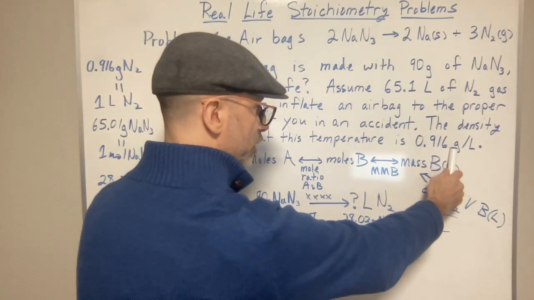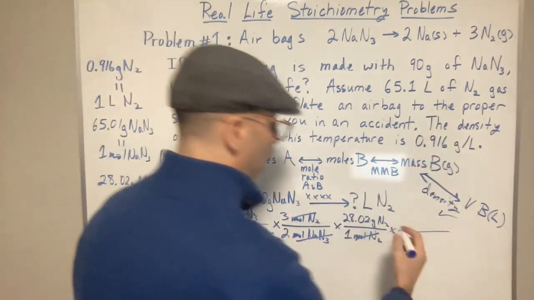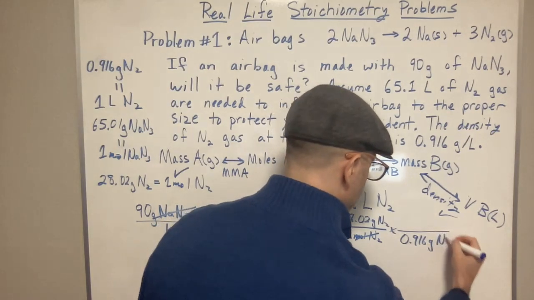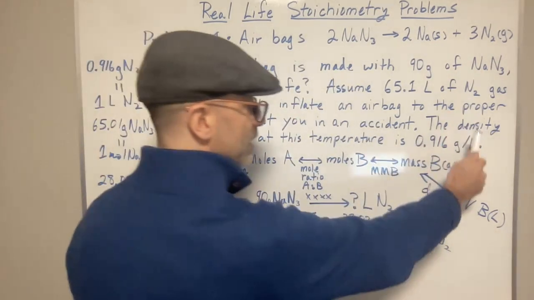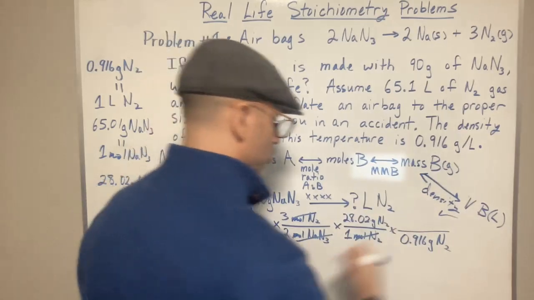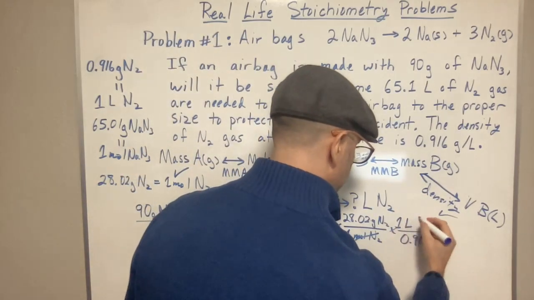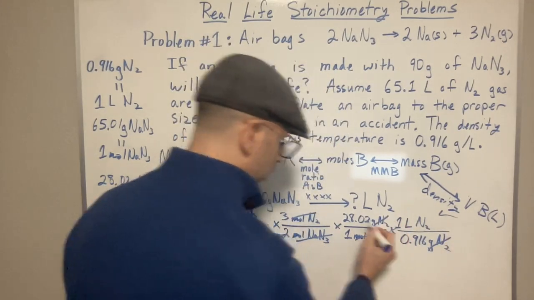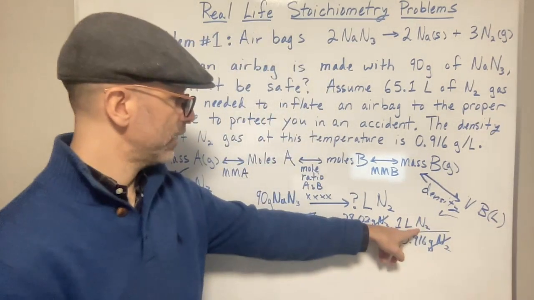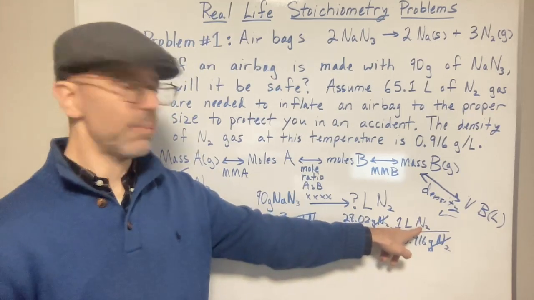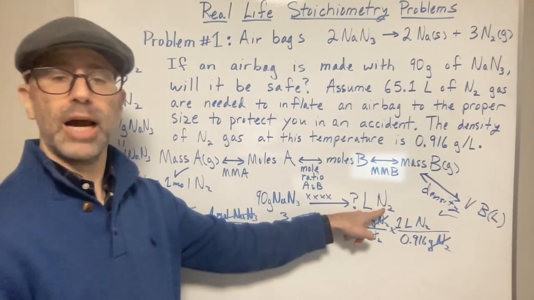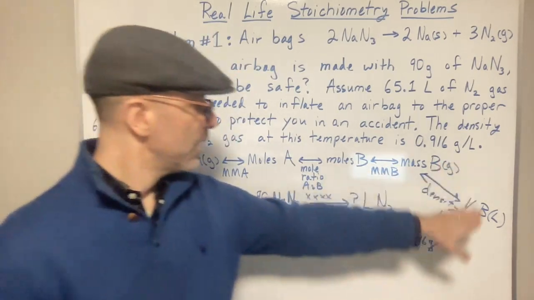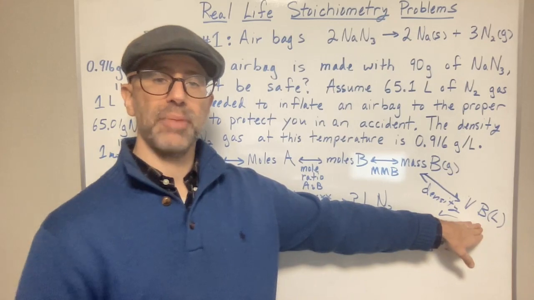So I'm going to take the 0.916 grams of N2, and that's equal to 1 liter of N2. So 1 liter of N2 goes on top. So grams of N2 cancel out. Now I have liters of N2 on the top. Liters of N2 is what I'm looking for. I am done. No more conversion factors. I've reached my destination on my roadmap.